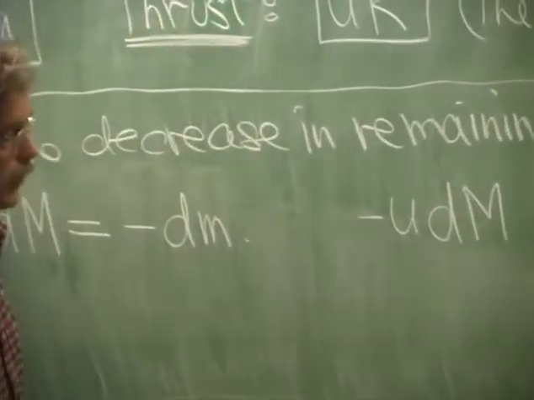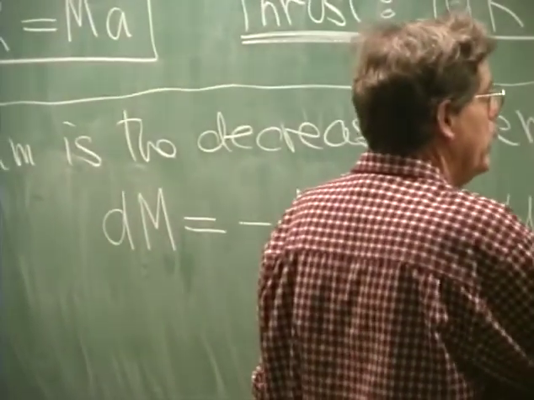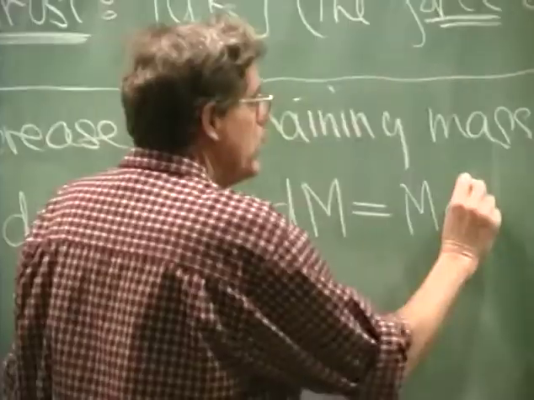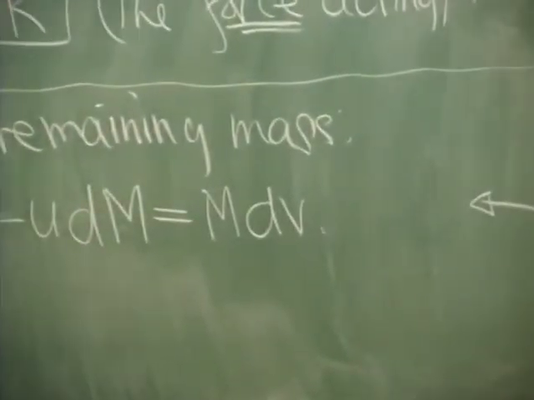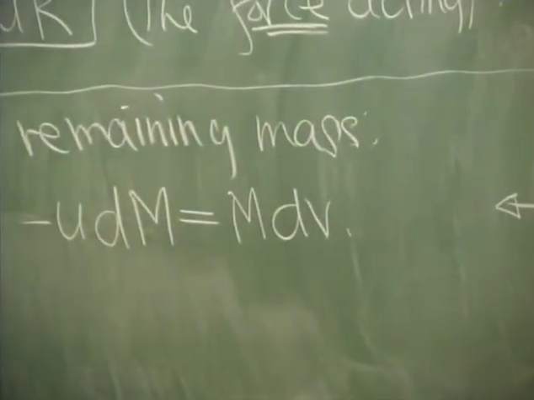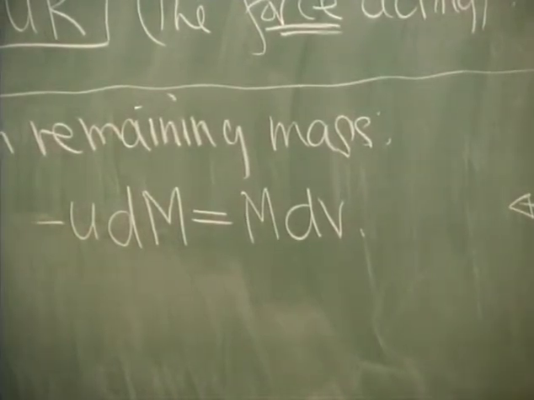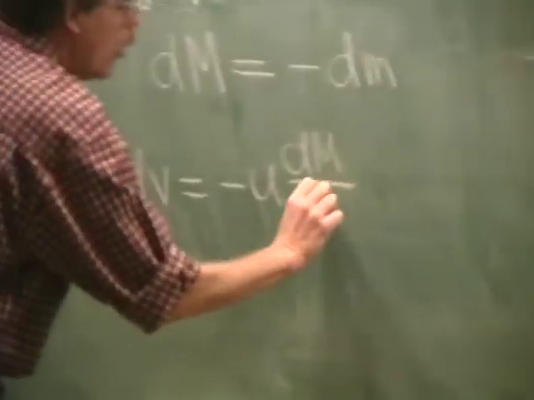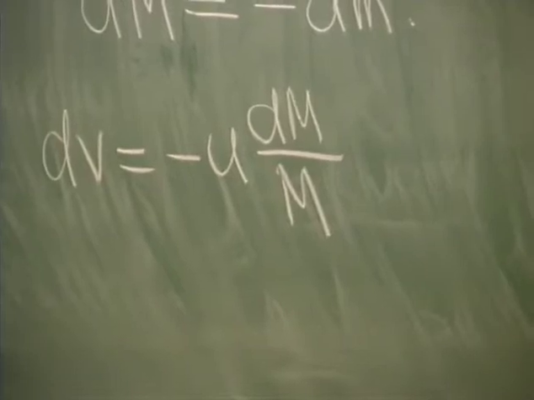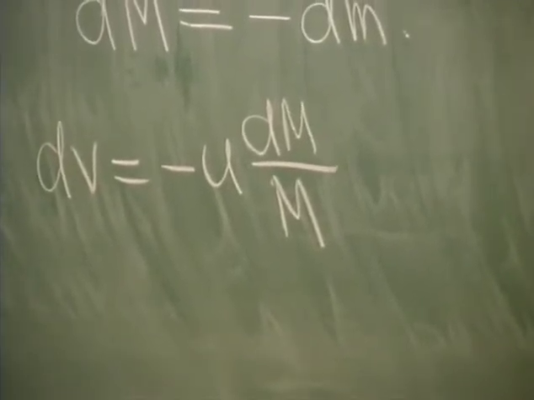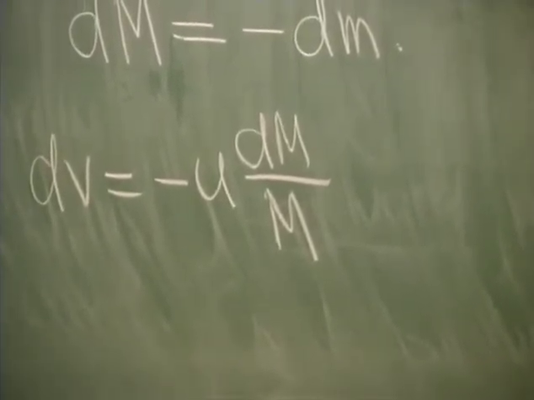Now the change in the mass of the rocket gives m times dv. Let me divide through by m and rewrite that equation in a more suggestive way. dv is minus u times dm over m. Now, what I propose to do is integrate both sides of this equation.